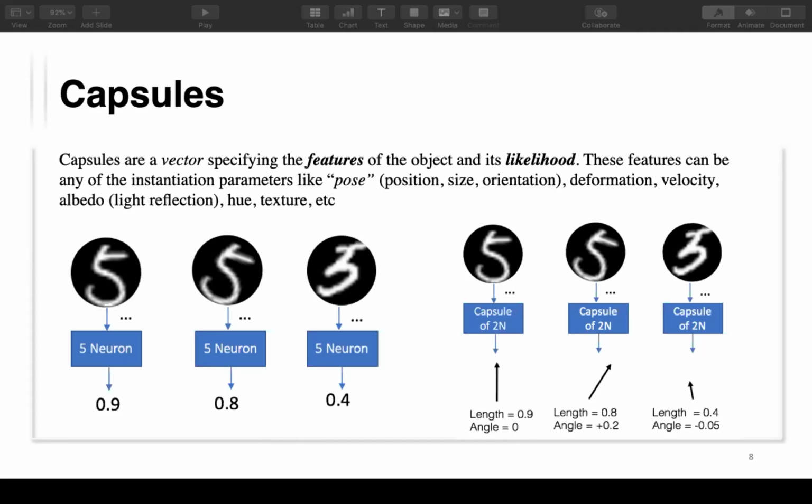Here we use a capsule, and we use a vector of size 2.